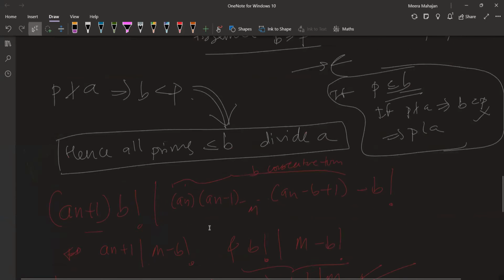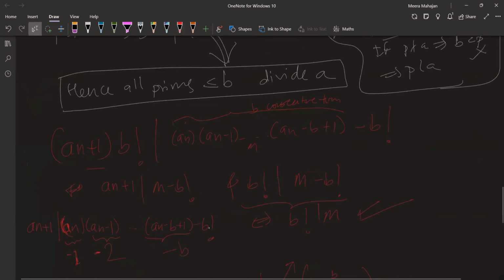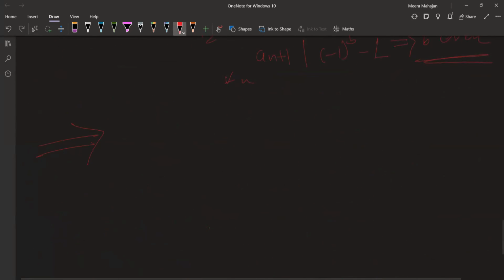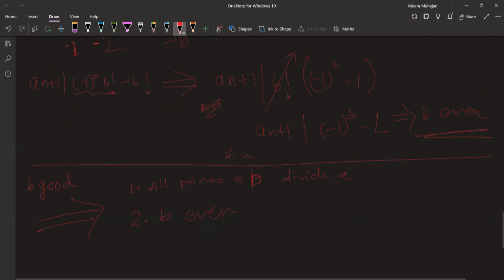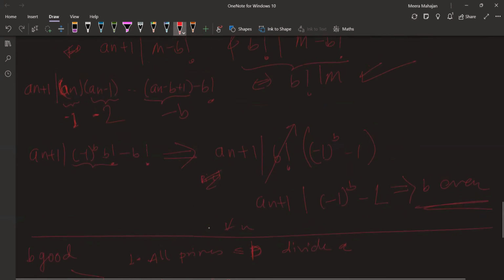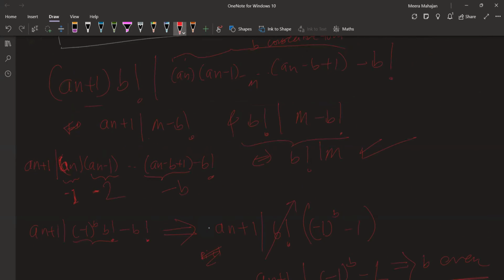So we inferred that all primes, hence this b being good implies all primes at most b divide a and b is even. And if you have these two things, all primes at most b divide a and b is even, you can just backtrack this thing.